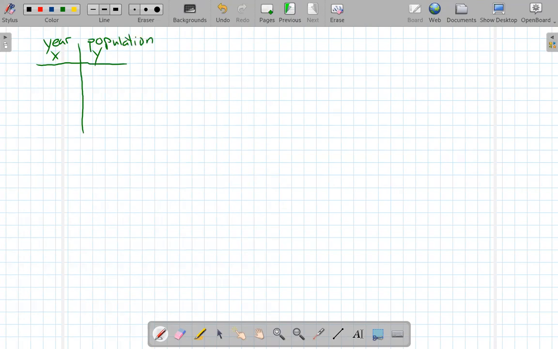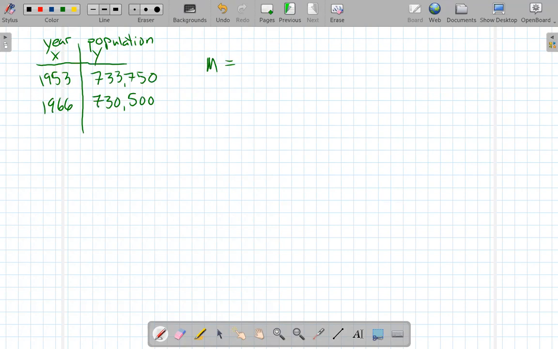First year was 1953. The population was 733,750. And then in 1966, I have 730,500, and I want to know what the slope is.